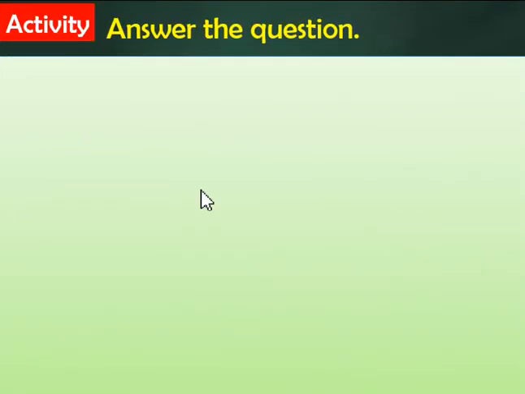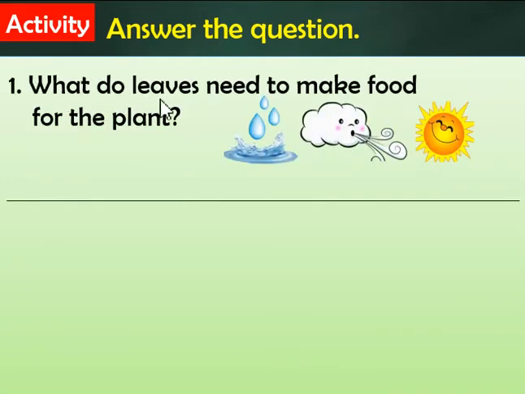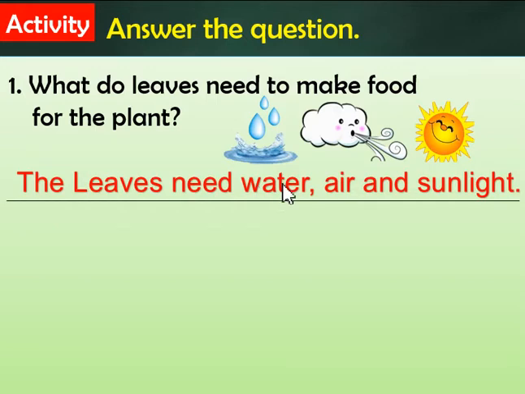Okay, next, answer the question. What do leaves need to make food for the plant? What are the three needs of the plant? The leaves need water, air, and sunlight.